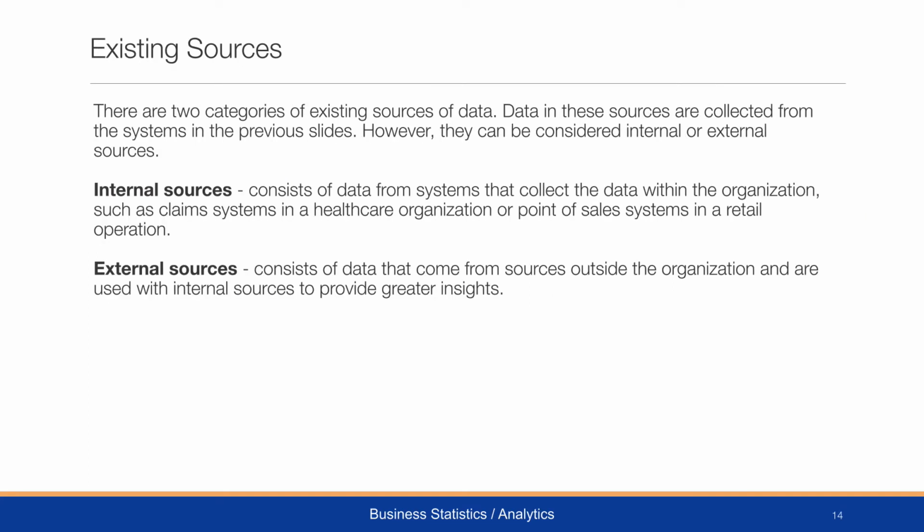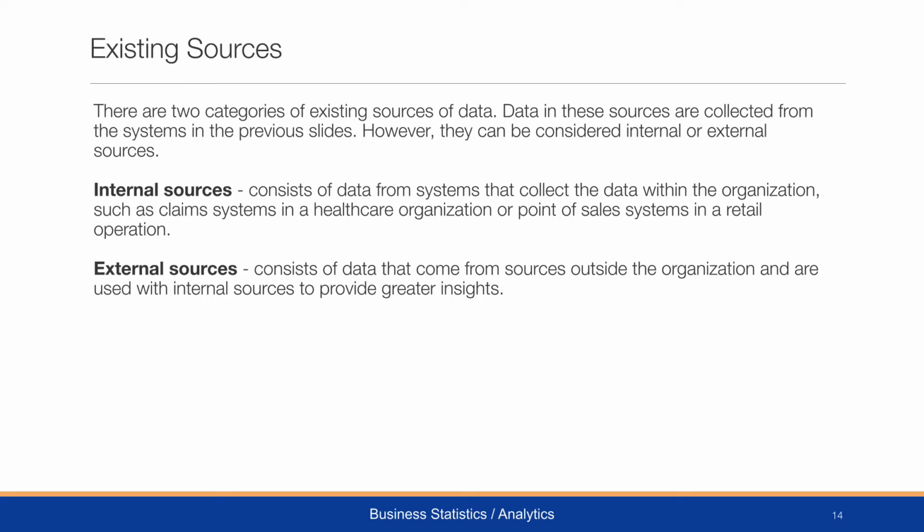There are two categories of existing sources of data. Data in these sources are collected from systems in the previous slides. However, we can consider them as either internal or external sources. Internal sources come from systems that collect data within the organization, such as claim systems or point-of-sale systems.